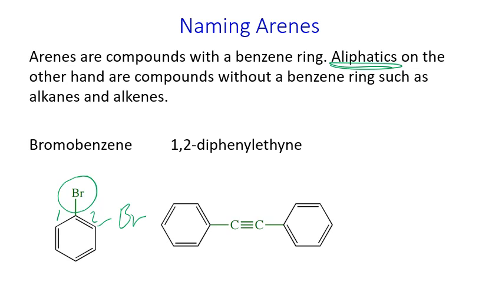And that's what we illustrate here. So this is 1,2-diphenylethyne, so we've got ethyne in the middle, and there are 1, 2 phenyl groups. So it's going to be on the first and second carbon, so it must be 1,2-diphenylethyne.